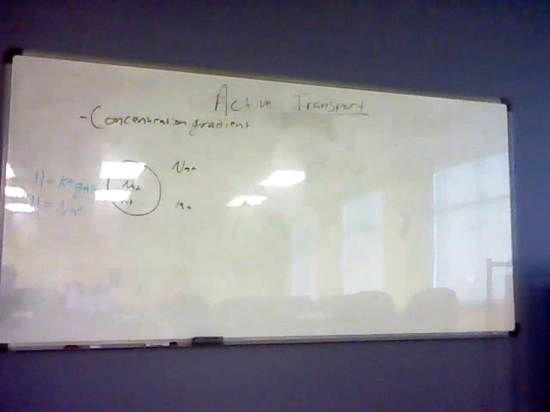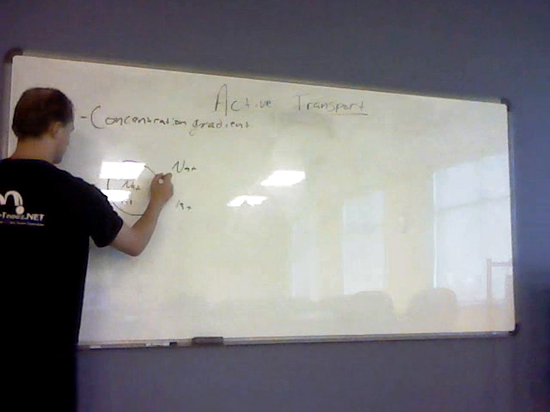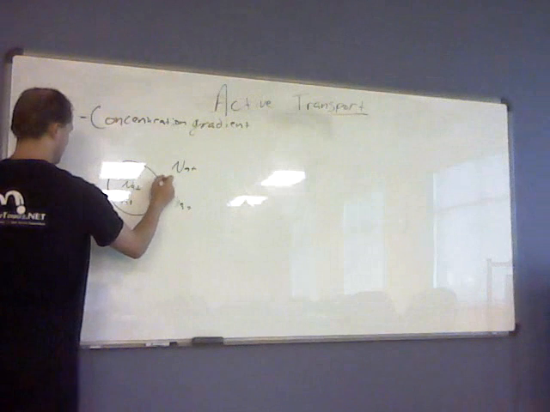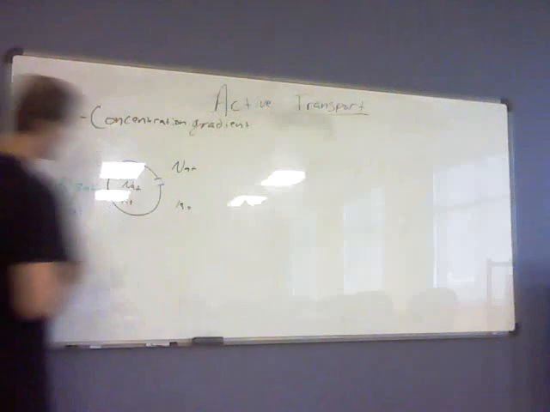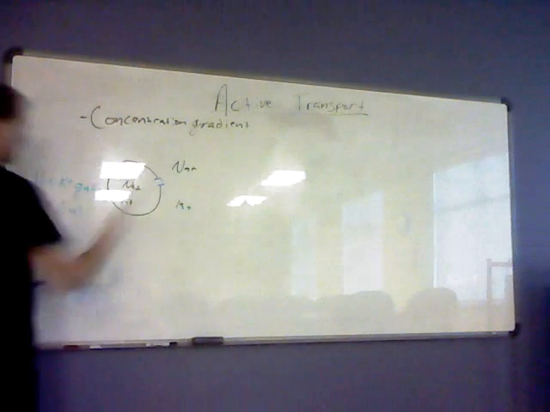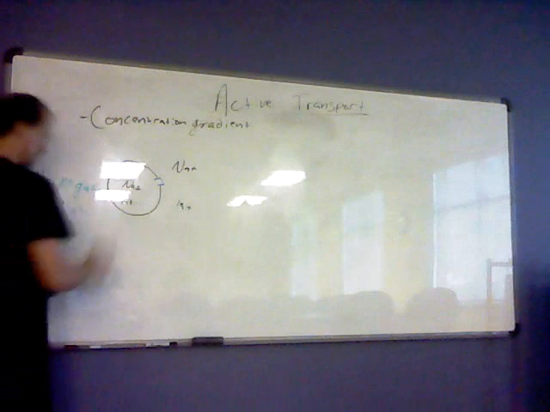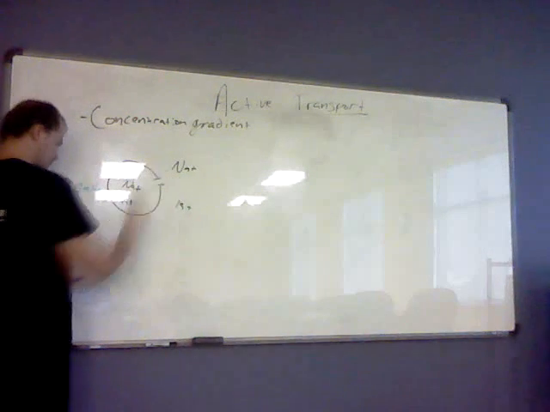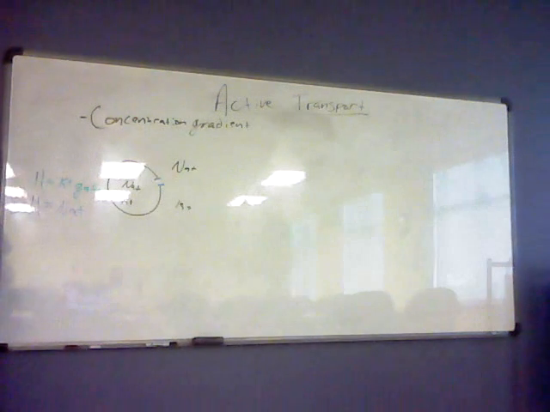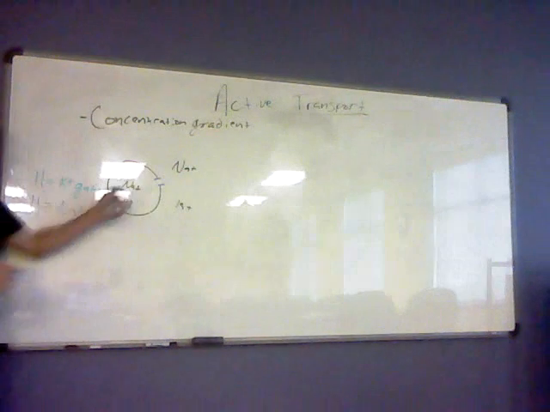Now let's say in this cell we put this colored gate in here. Let's say this is the only gate on the cell membrane, and we open this gate. Sodium is going to be able to move into or out of the cell, but potassium will not.